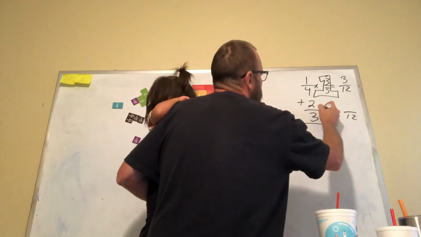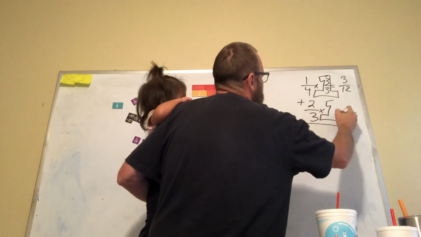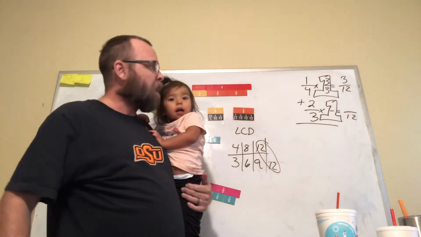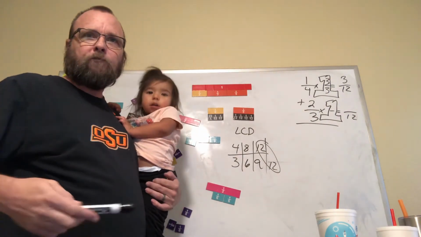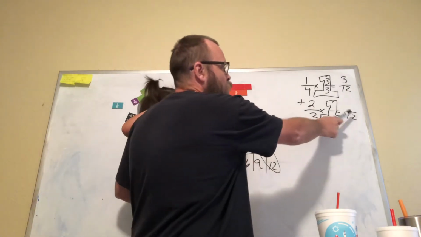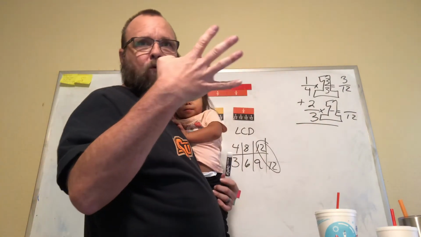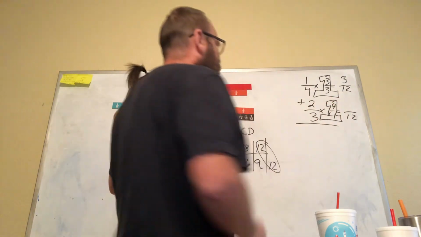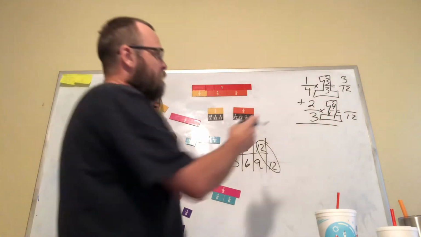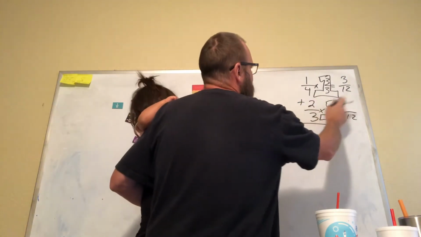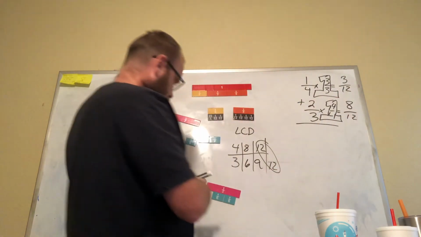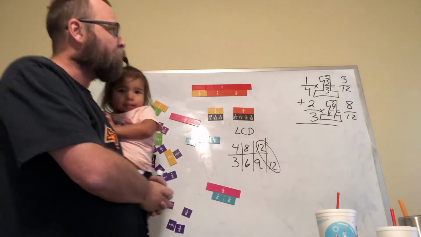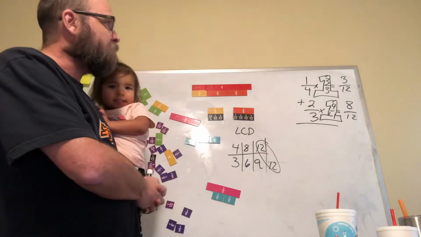So I got to figure out, what do I multiply by over here so that I have a denominator of 12? Well, 3 times what is 12? My answer is 4. If I multiply my denominator by 4, I must also multiply my numerator by 4. And if 3 times 4 is 12, 2 times 4 is 8. Even Liliana says 8. So now we have 3/12 plus 8/12.